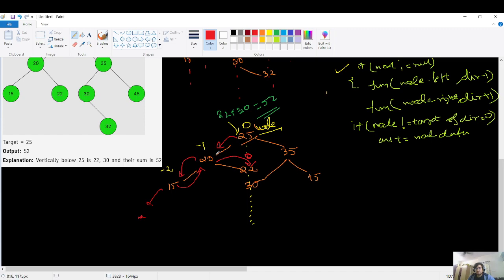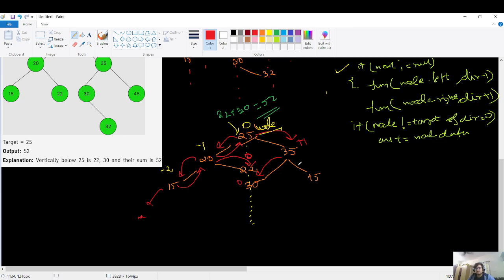Now it will go back to its parent call again, 25. Since the left call is computed, it will move to the right, and since it moves right, it has the direction +1. The parent call 25 has the direction 0, so it will have direction +1. Now the left call will compute, and since it is moving left, the parent call was having 1, and it will do 1 minus 1, which gives 0, right?